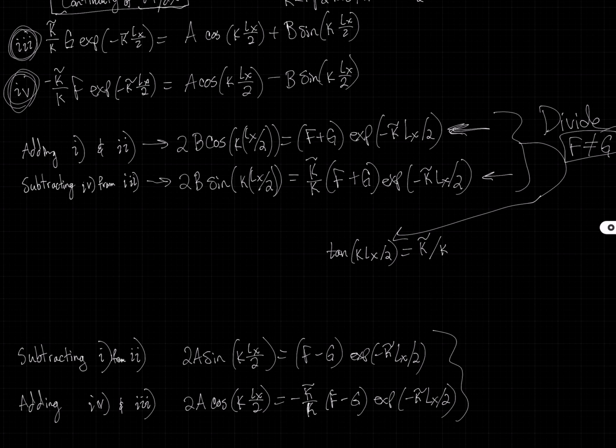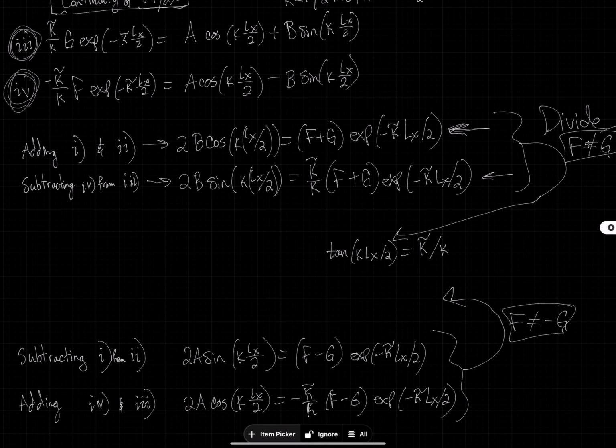And once again, if you divide, this time presuming f is not equal to minus g, for the same reason that we can't let f equal g up here, what we have is a minus cotangent of k Lx over 2. Recall a cotangent is simply a cosine over sine. So I'm taking this equation and dividing it by this entire expression over here, so I'm left with this kappa over k, and I have this cotangent, cosine over sine. Of course, the two a's and the two b's here just cancel out.